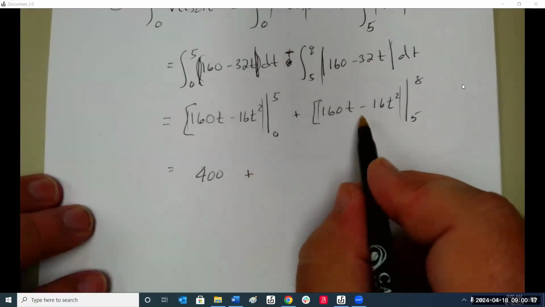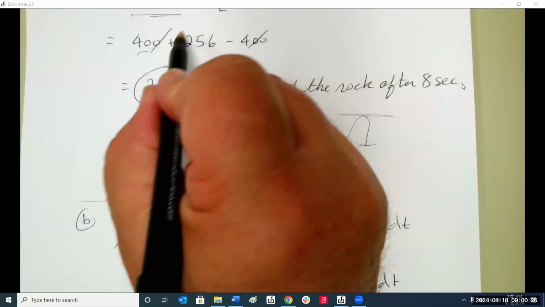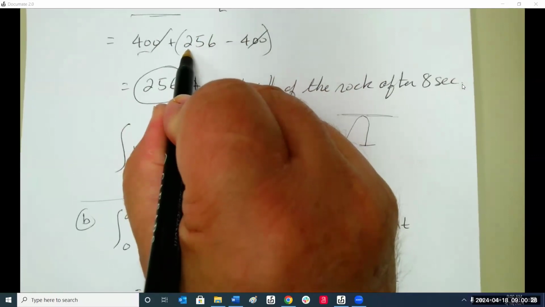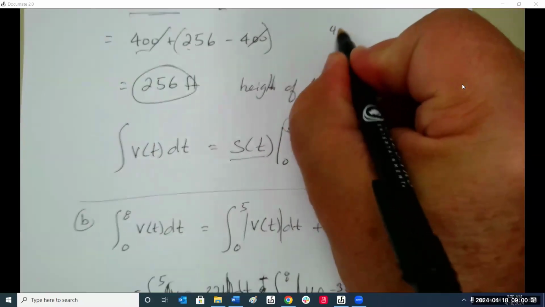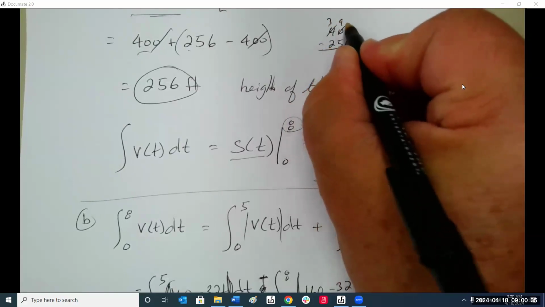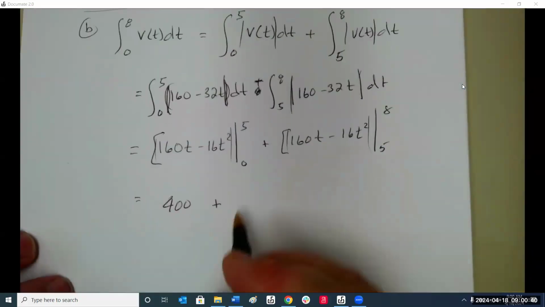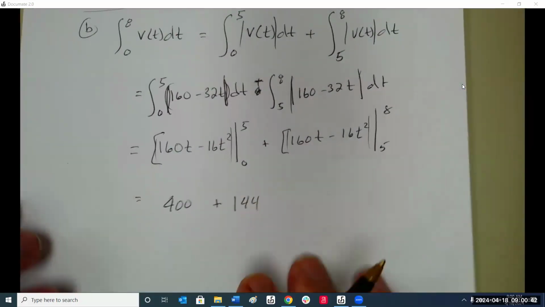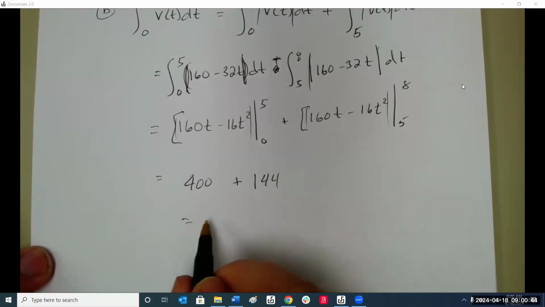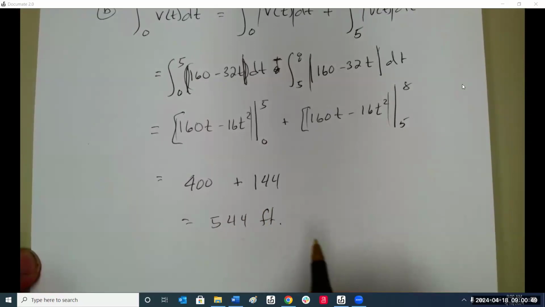And on the second interval, we get 56. We have to take this difference, 400 minus 256, which is 144. So we had a total distance traveled of 544 feet.